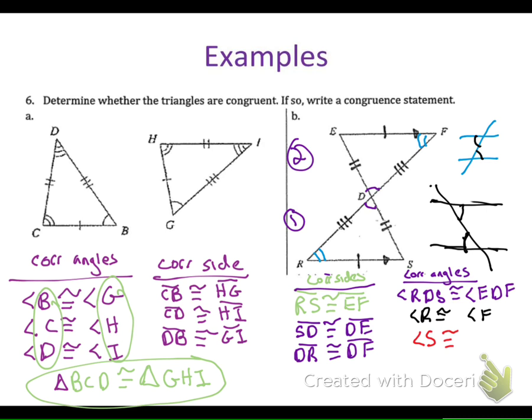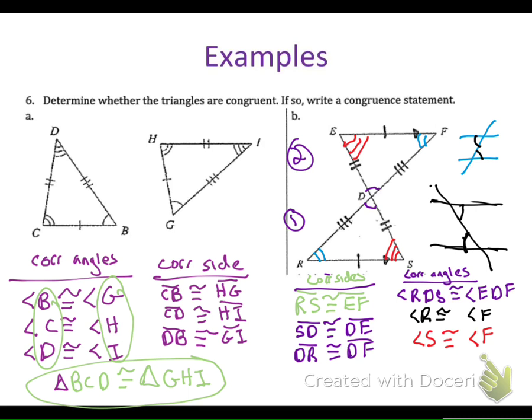They're alternate interior angles. We know alternate interior angles are congruent. So we know that angle S is congruent to angle E. So 1, 2, 3. 1, 2, 3.